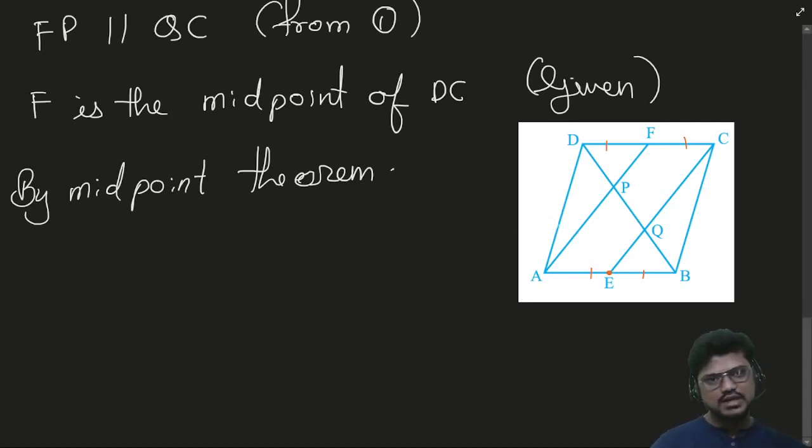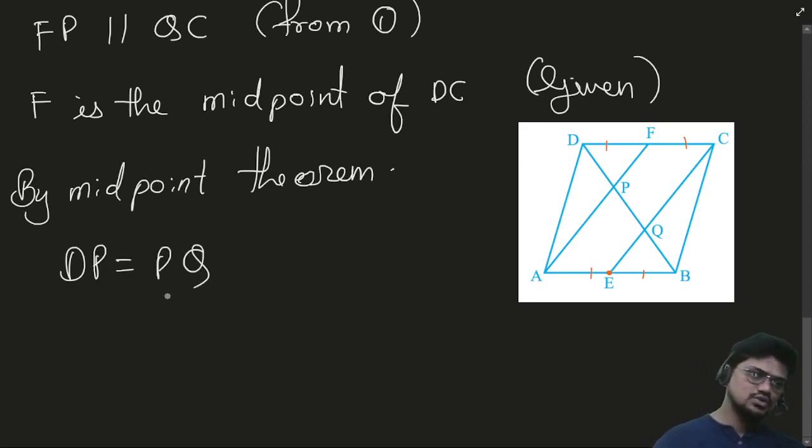But we can also say that DP is equal to PQ. Yes or no? A line drawn from the midpoint of one side of the triangle parallel to the other side bisects the third side. This line is drawn parallel to this, and this starts from the midpoint, so this will also be the midpoint. So by midpoint theorem, can I say DP equals PQ? Yes. Let's say this is 2.